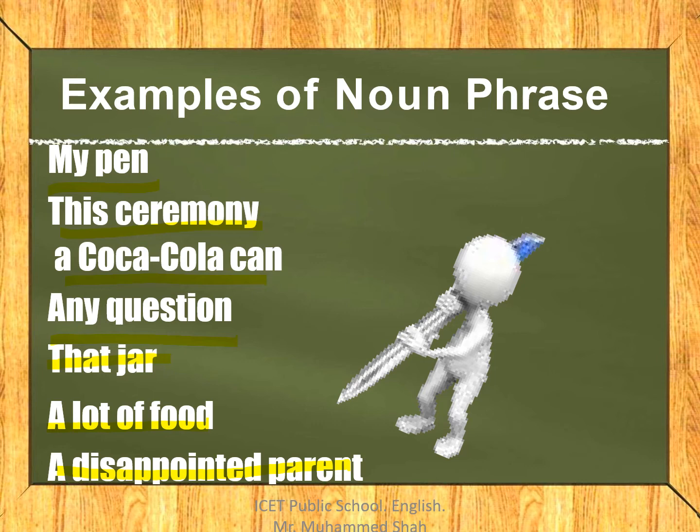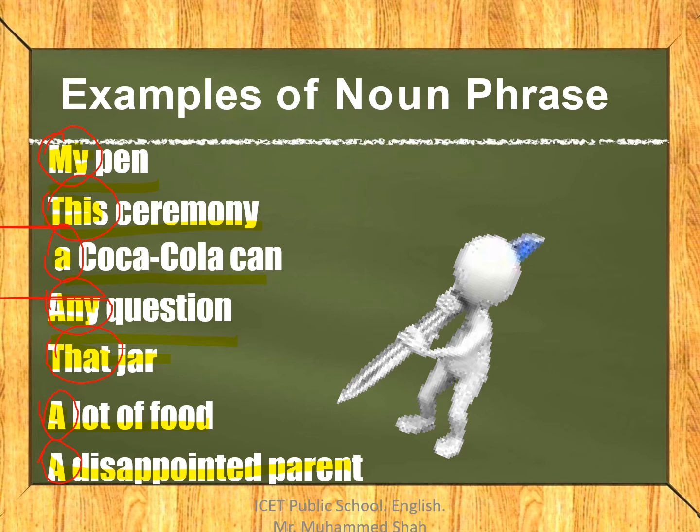So in these examples, look at the words I highlighted: my, this, any, that, and another. All these words I highlighted are determiners. Did you get it? My, this, any, that. These words are called determiners.